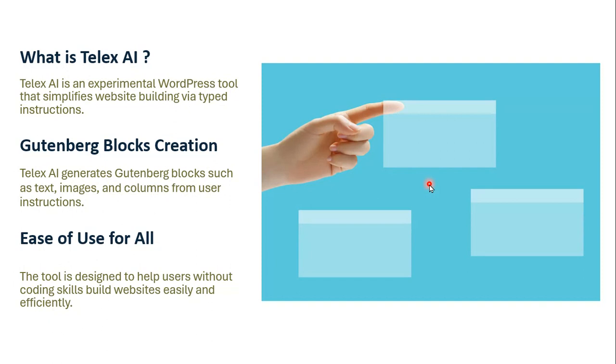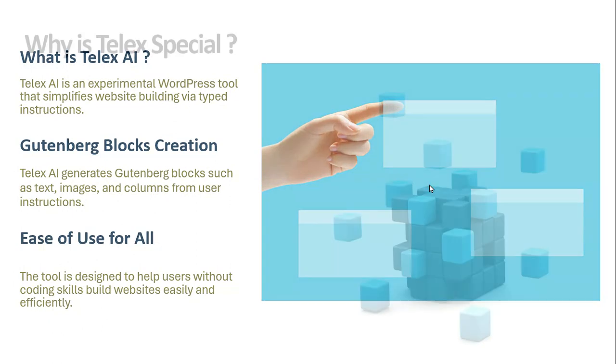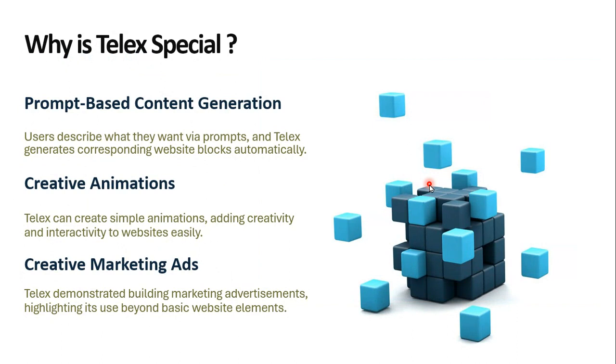Telex AI allows users to create website content by simply typing what they want in the form of prompts. Based on these instructions, it automatically builds the right website blocks like images, text, or even layouts. Telex AI can add simple animations to your website, making it more engaging.